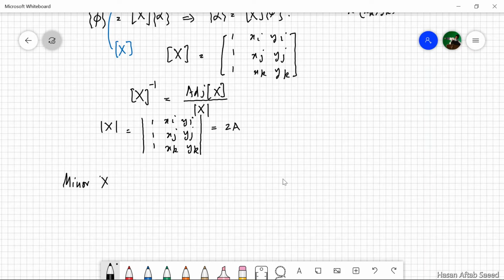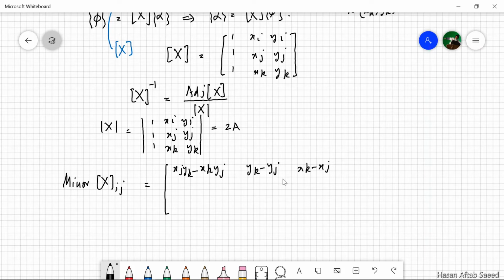So we first take up the minor of x, and that is again a simple procedure. Here we have xj yk minus xk yj, yk minus yj, xk minus xj.